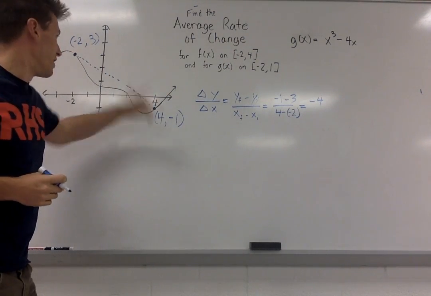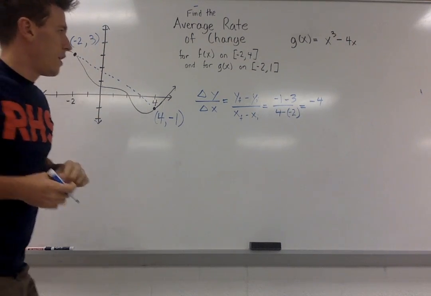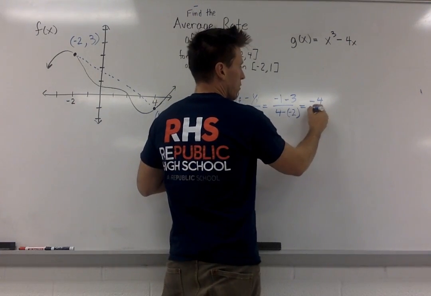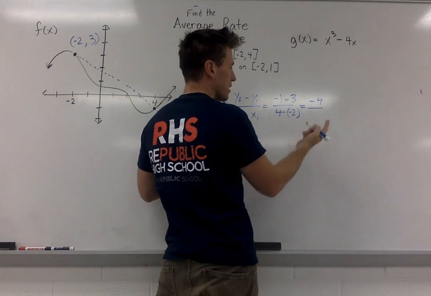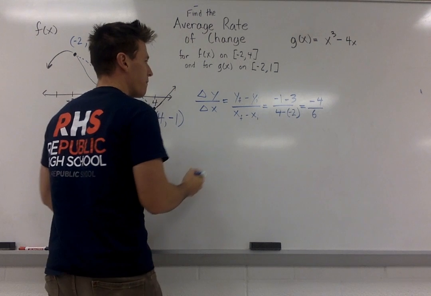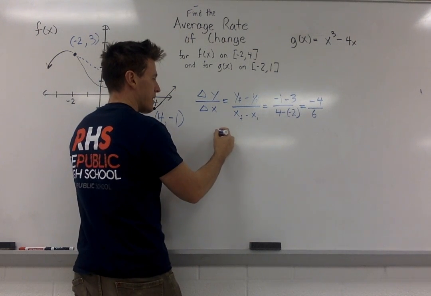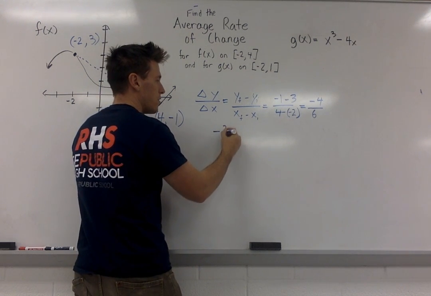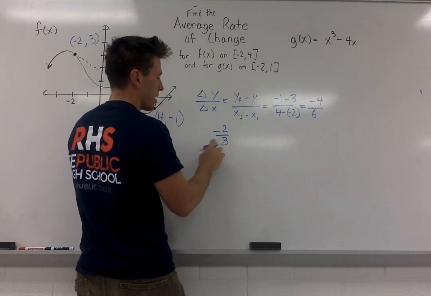From 3 to -1 is -4 down. And 4 minus -2, well, minus a negative number is the same as adding a positive number, so that becomes 6. So we have -4 over 6, and that reduces to -2 over 3.